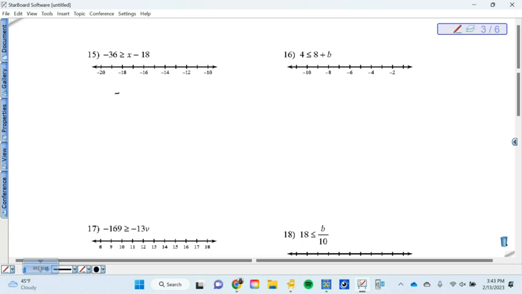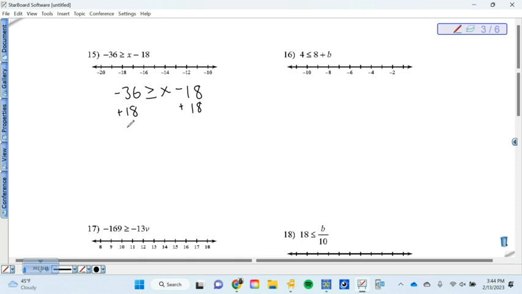Number 15. -36 is greater than or equal to x minus 18. How do I get that x by itself? Yeah, add 18. What's negative 36 plus 18?